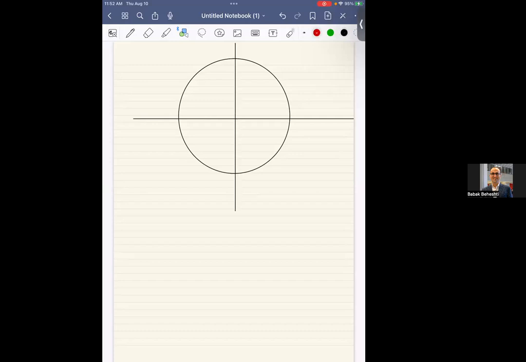So if you have an angle theta, this is a unit circle, first of all. That means the radius is 1. So this is 1, 1, negative 1.